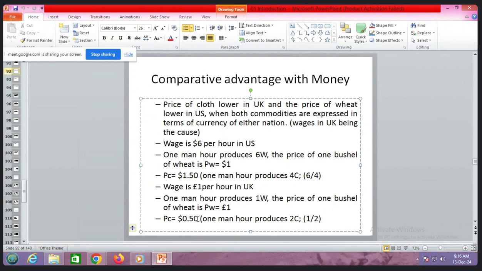Okay, sorry, this is not dollars, this is pounds. I'm really sorry. So this becomes 1 by 2, so it becomes 0.5 pounds. Are the calculations clear till here?